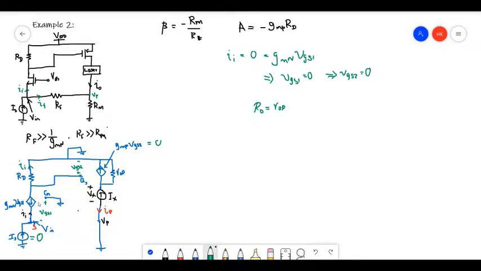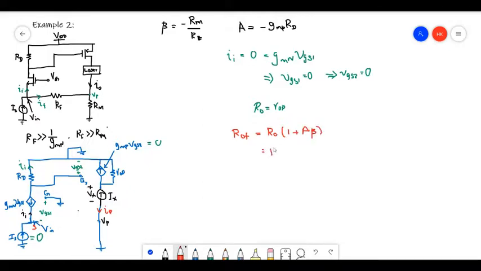With Vx the voltage across this resistor and Ix the current, it is ROP. Now using this we can find the closed loop output resistance. It is R out times 1 plus A beta, and we just need to substitute this value.